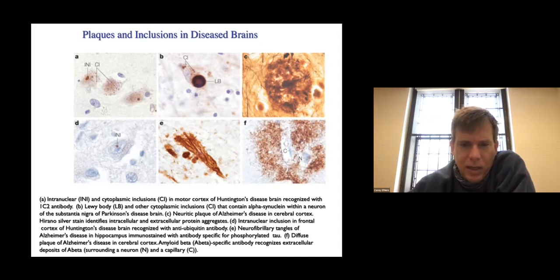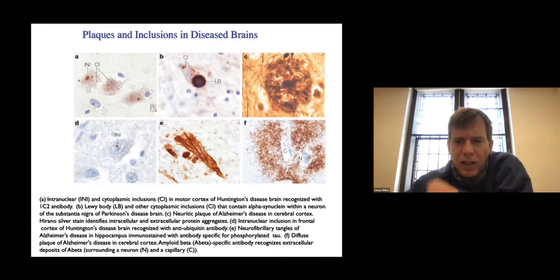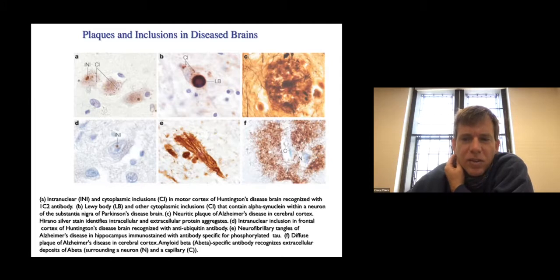Then in panel E, there's an Alzheimer's disease sample taken from a brain with Alzheimer's disease, and that has another protein called tau.